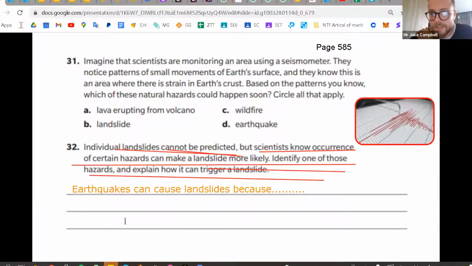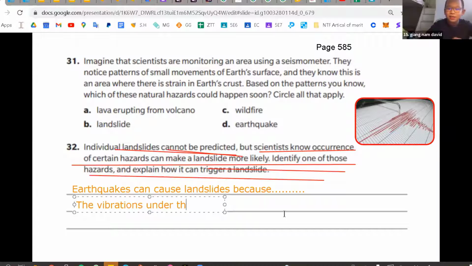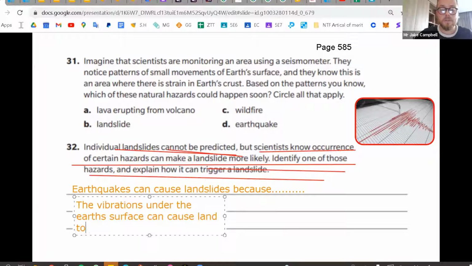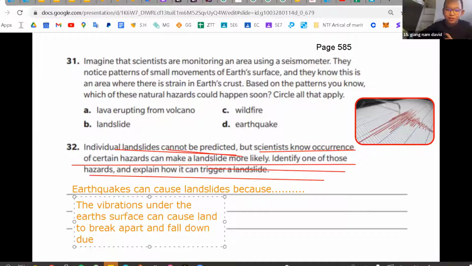Well done. Okay, fantastic. We can simplify that a little bit, but your answer is perfect. So we can put: earthquakes can cause landslides because the vibrations under the Earth's, we'll use surface, and cause land to break apart and fall down due to what force, David?